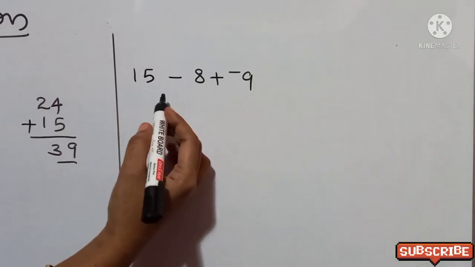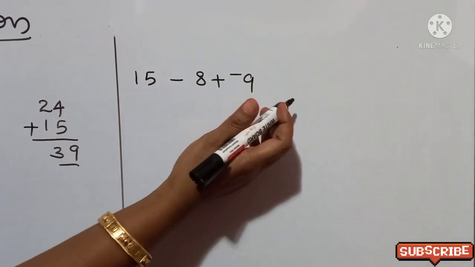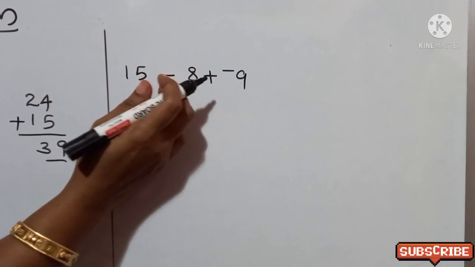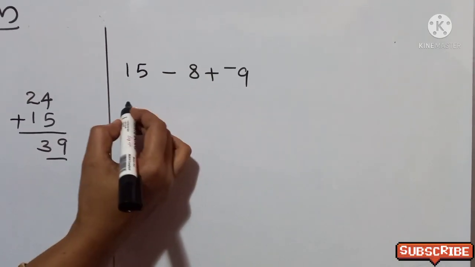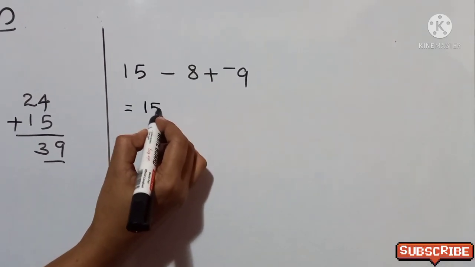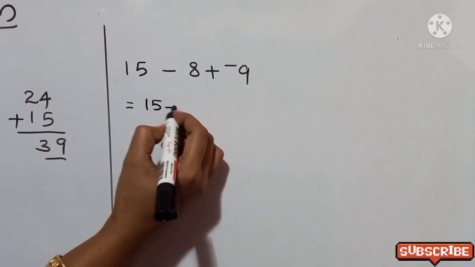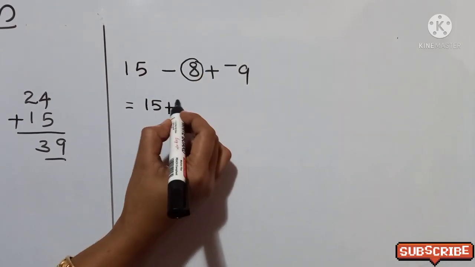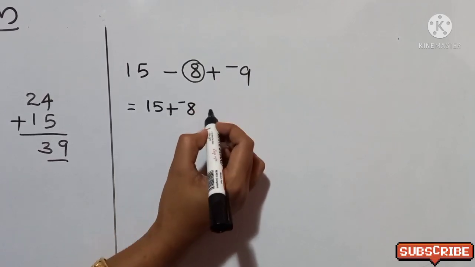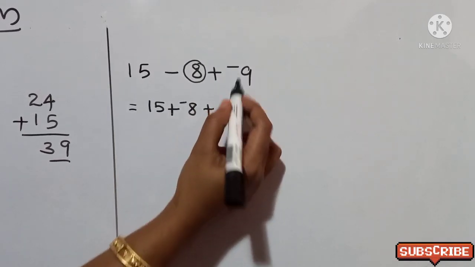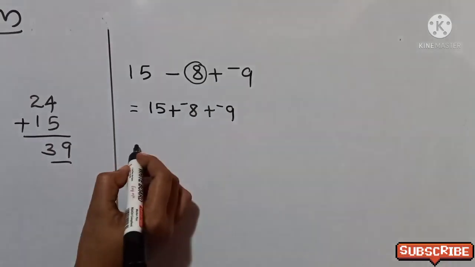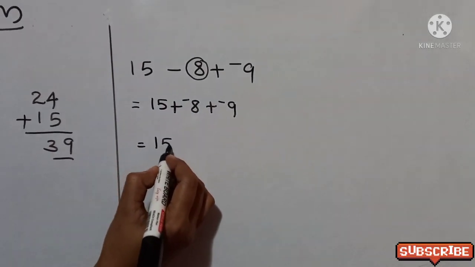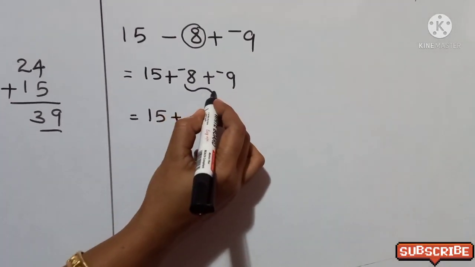Then see the next question, 15 minus 8 plus minus 9. Here one is minus and here we are adding. Here we can replace that minus by plus, adding the additive inverse of this 8, which is minus 8. Then plus, and this minus 9 the same way. That is equal to 15 plus minus 8 plus minus 9. Here you see both are negative.